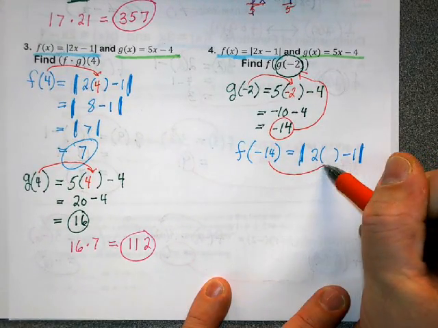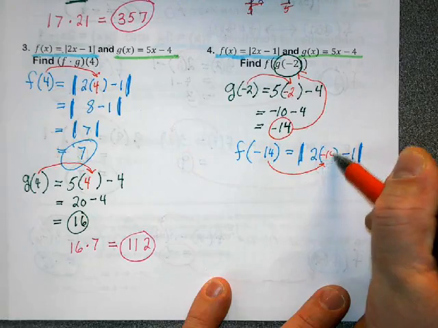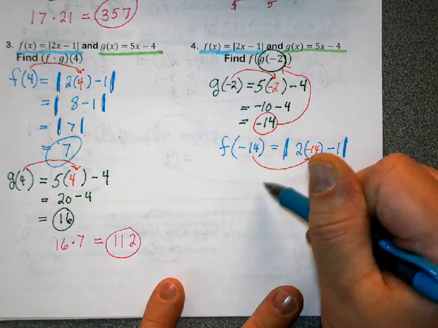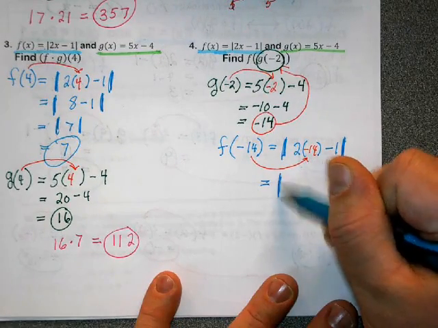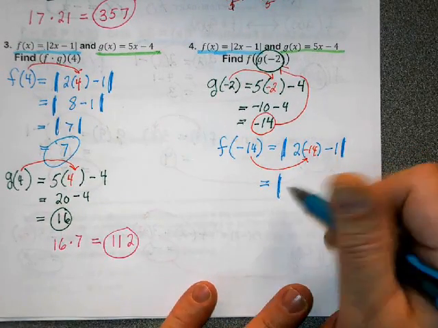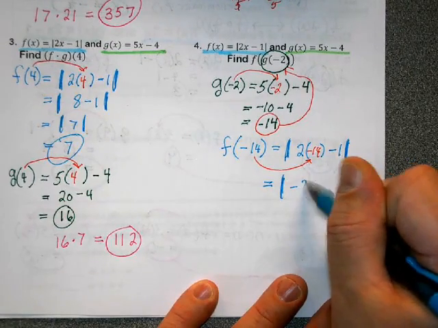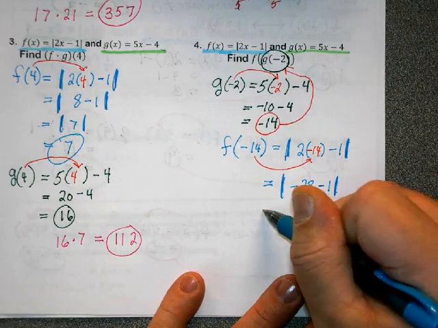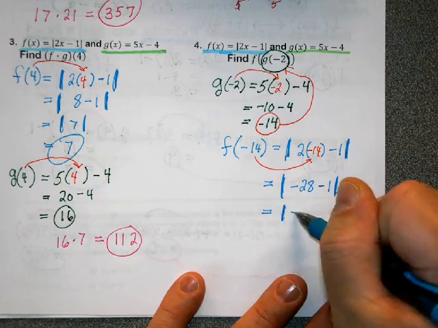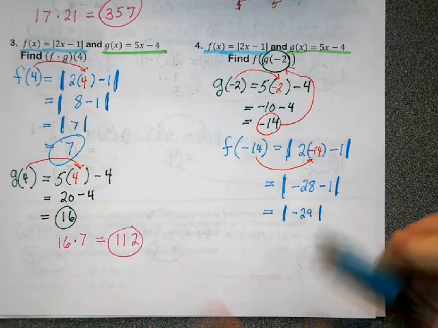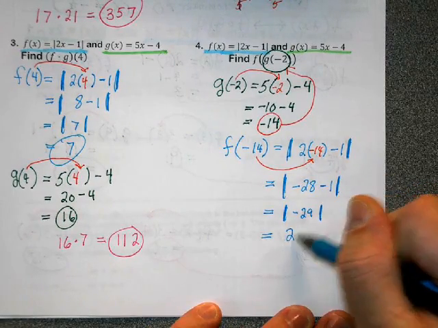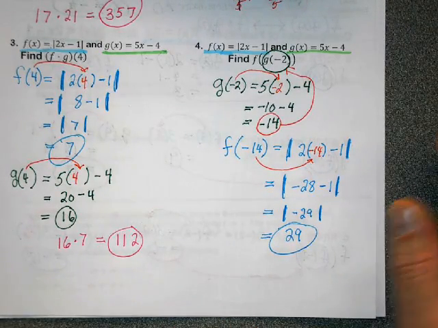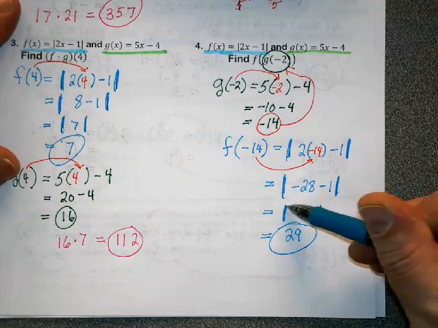Okay, 2 times -14 is -28, minus 1 is -29. The absolute value of -29 is positive 29. Piece of cake, right?